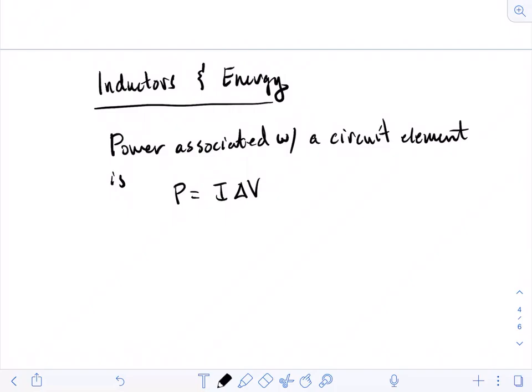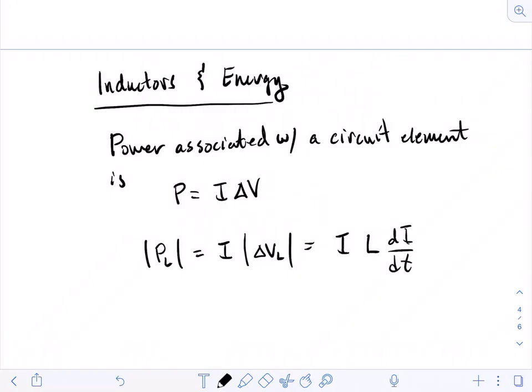Okay, so let's calculate the power associated with an inductor, and we'll just think about the magnitude. So it's going to be I times the voltage across the inductor, which was L di dt.